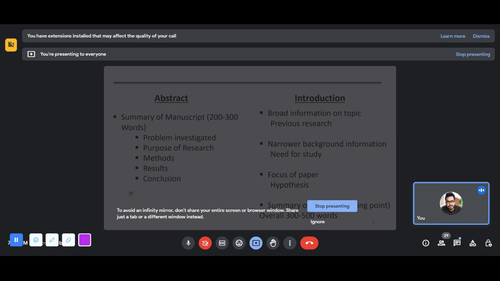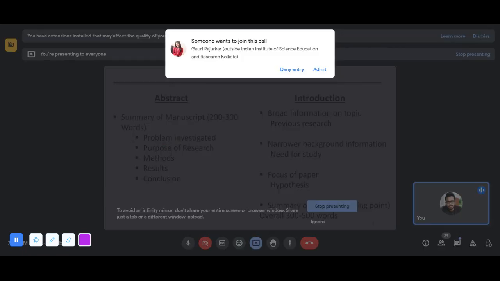For the abstract, you have to remember what problem you are investigating, and you have to elaborate very clearly why you are focusing on this particular problem. So basically you give a very small background of the work, and then you define the problem and why you have chosen it.